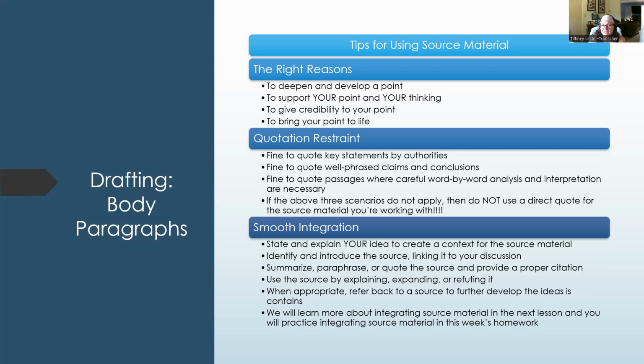I don't think that's going to be the case for any of the topics that you guys have to choose from, though. So quite honestly, most of you can probably get by using 3 sources in your essay and never once using a direct quote.